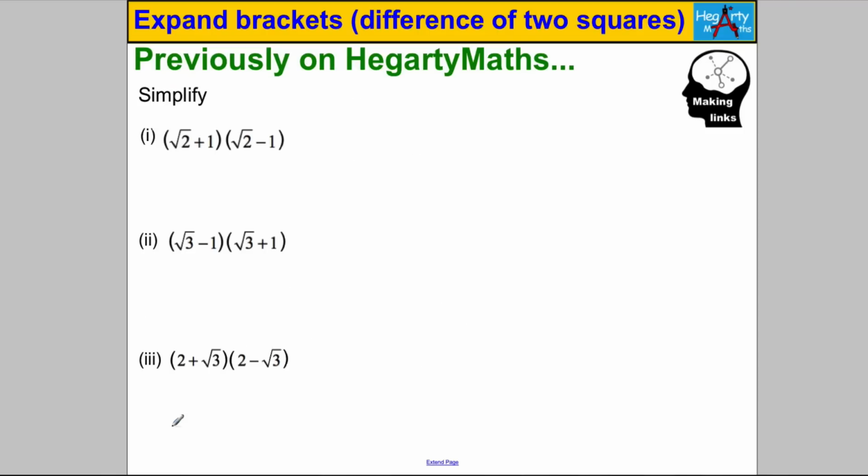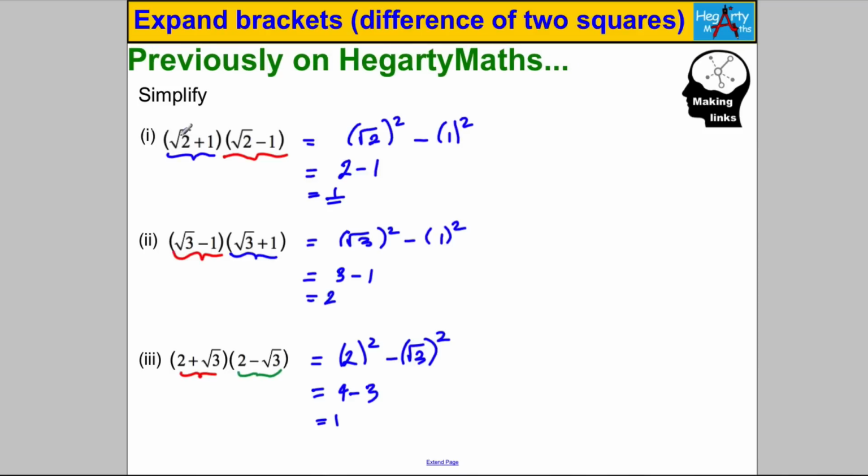Here's where we saw these questions come up in surds. If you don't know that, go back to that skill and practise it before going forward in this video. Otherwise, I want to check that you can do this with brackets involving surds. In each of these cases, I had a bracket multiplied by its conjugate. The conjugate of root 3 take away 1 is root 3 add 1, and here, the same case.